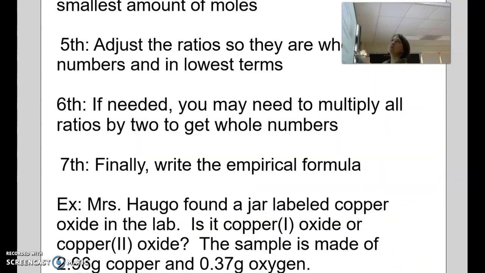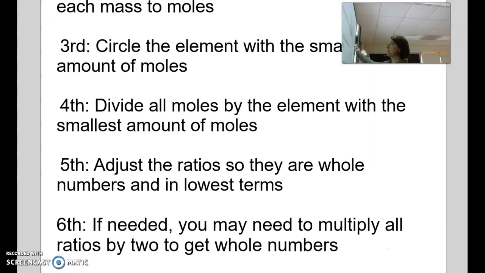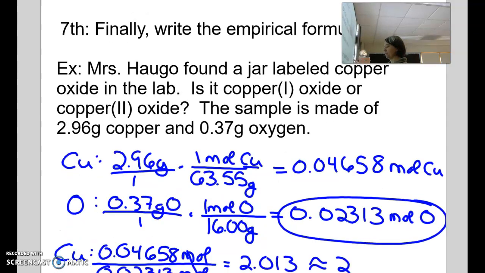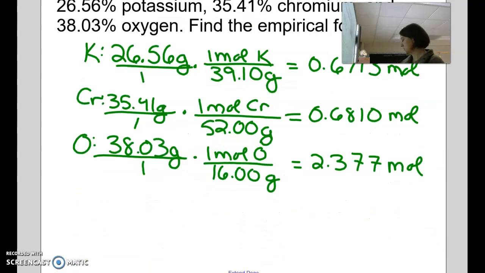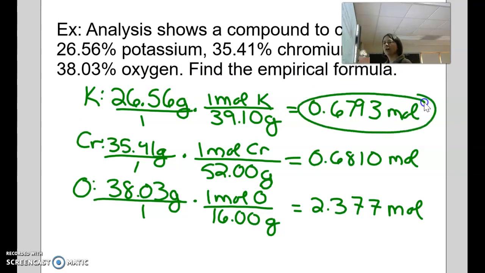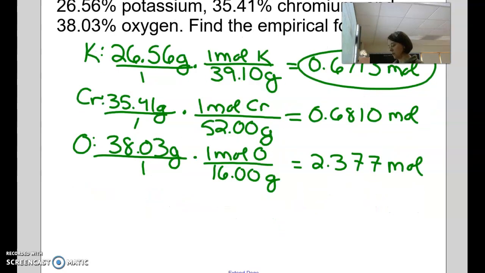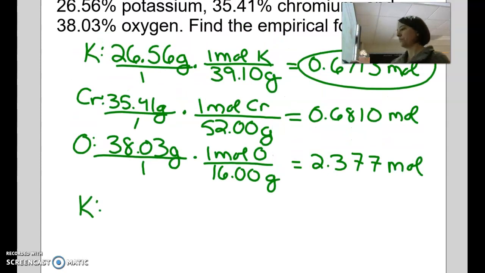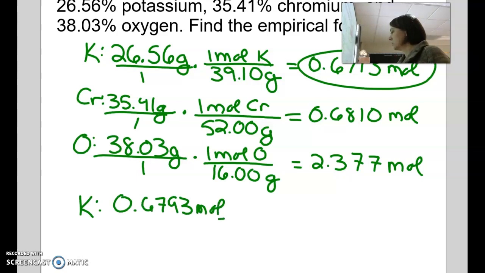And if you remember, our third step is circle the element with the smallest amount of moles and then divide all the moles by that number. Okay, so our smallest amount of moles is 0.6793 right here. So we're going to divide all 3 of our elements by that number. We'll start out with that one. Potassium equals 0.6793 moles over itself.